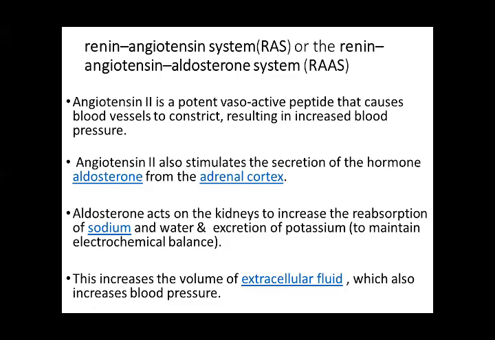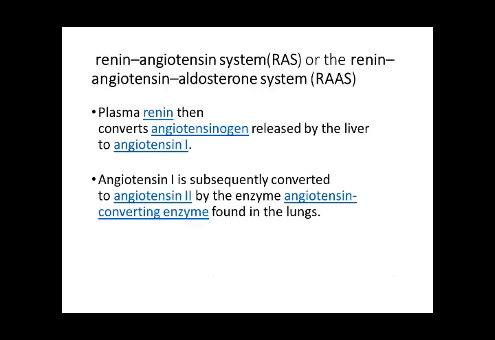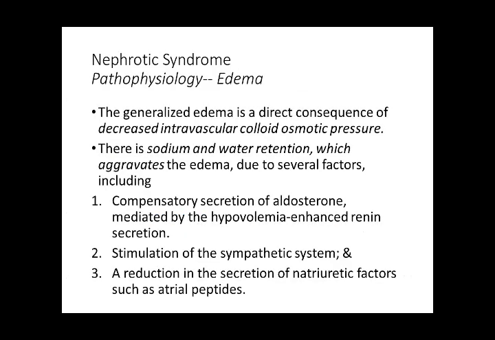So since we have a loss of oncotic pressure, because osmotic pressure is decreased by the loss of albumin, any increase in sodium and other electrolytes and water retention will lead to excessive water loss into the body tissues, right? They will not stay in the circulation, they will be lost in the tissues, and this will cause further aggravation or worsen the edema.